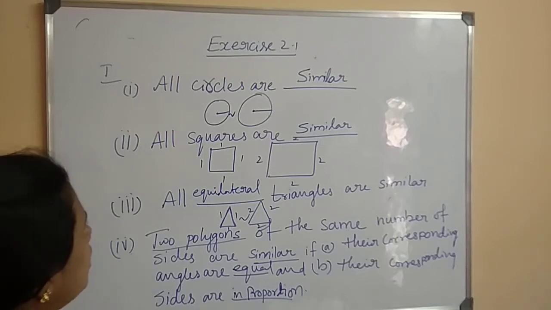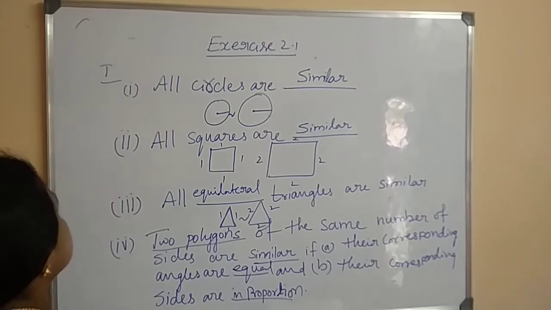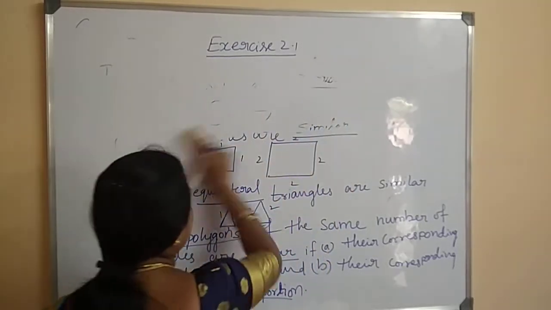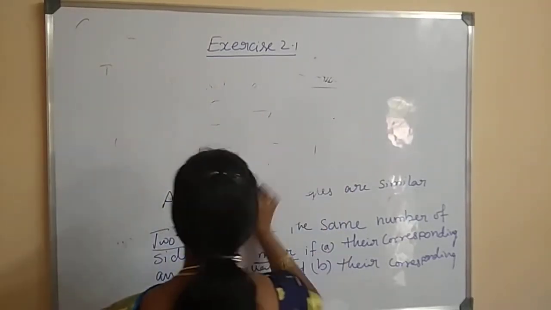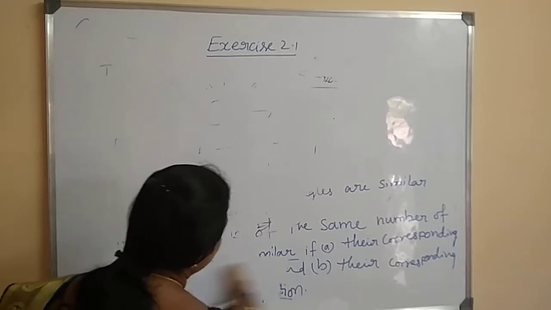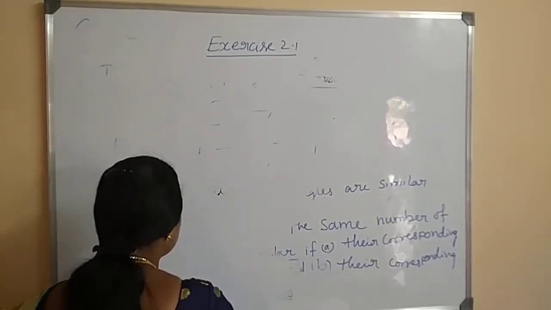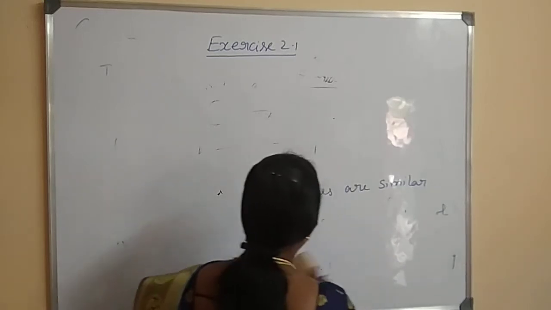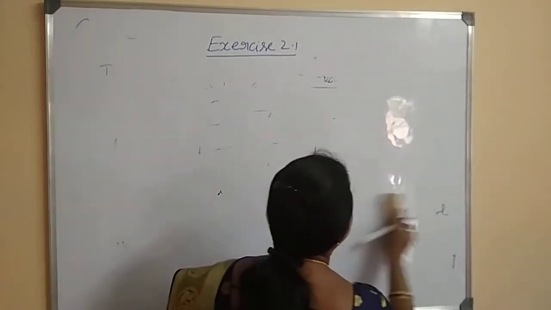Also you can write. And now in this exercise, 4 fill-ups. These are very important 1 mark questions. You have to read once or twice while answering the question. Then you can answer clearly. Don't get confused.